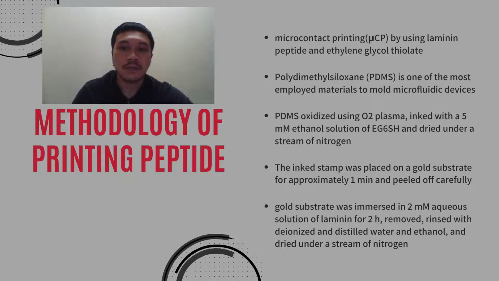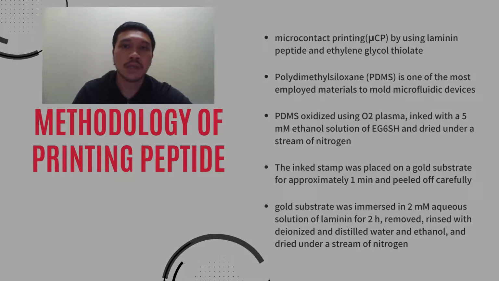The inked stamp was placed on a gold substrate for approximately 1 minute and then peeled off carefully. The gold substrate was immersed in a 2 millimolar aqueous solution of laminin for 2 hours, removed, rinsed with deionized distilled water as well as ethanol, and lastly dried under a stream of nitrogen.